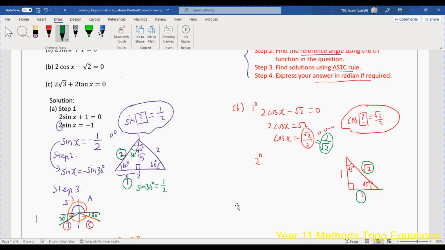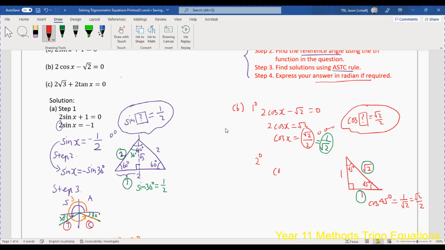So 1 over square root 2. So we need cosine. So cosine means you need to have an adjacent side divided by hypotenuse, and that looks like 1 over square root 2 for 45 degree. Okay, so we have cos 45 degree here equals 1 over square root 2, which equals square root 2 over 2.